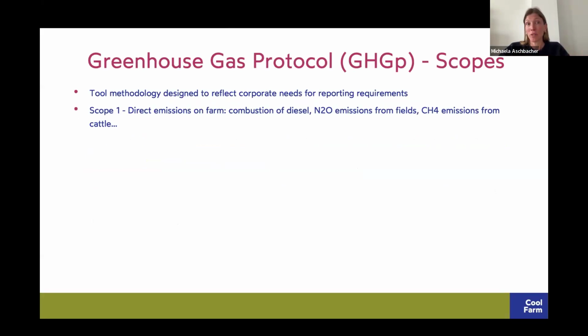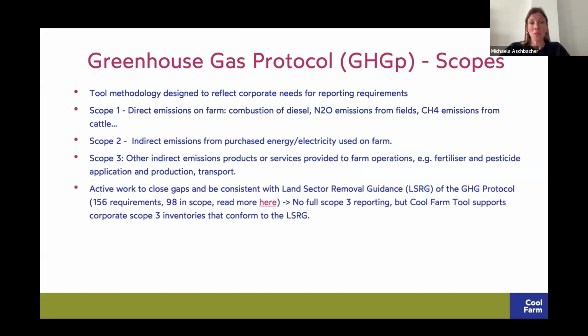And the same goes for the greenhouse gas protocol. I give you the 3 scopes and just the points here. Those are scopes that are defined and very important for companies. We always talk about scope 1, 2, 3 reporting, scope 3 reporting to look at emissions from a whole supply chain. And so the tool covers all of them in a certain way.